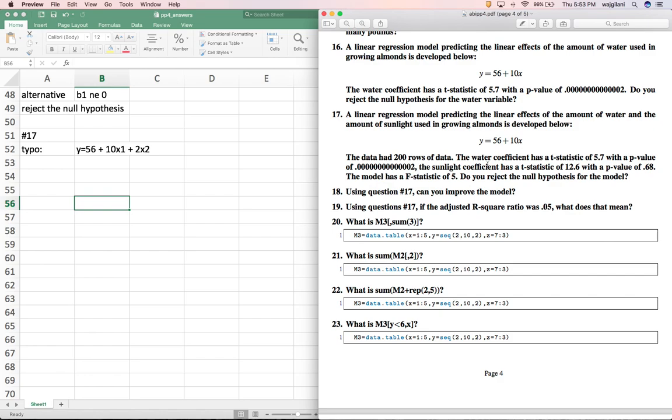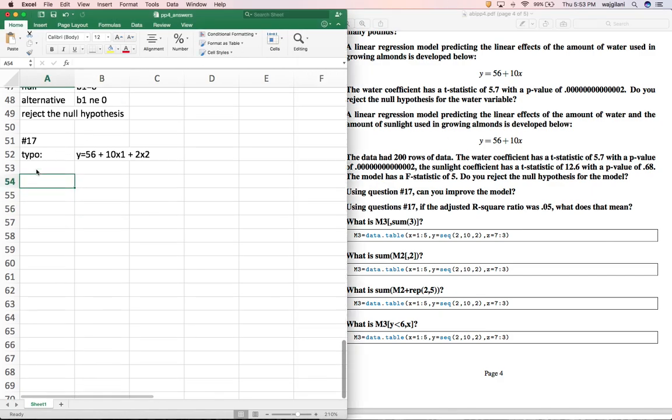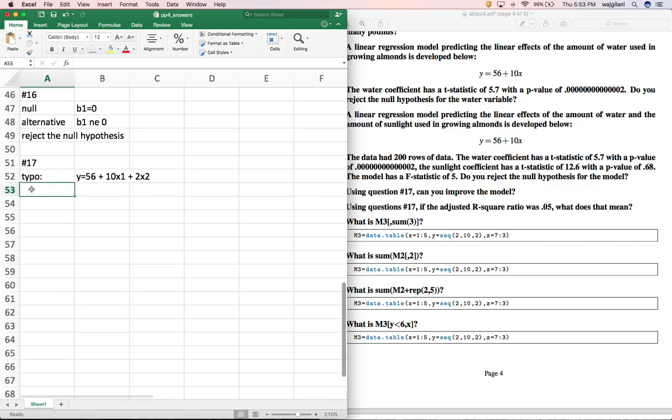Remember, the F statistic does a null hypothesis test on the whole model. And what is the null hypothesis here? The null is that beta 1 equals beta 2 equals 0. All the coefficients are 0. That's what the null hypothesis is saying: none of the coefficients in this model has any linear relationship to the dependent variable.